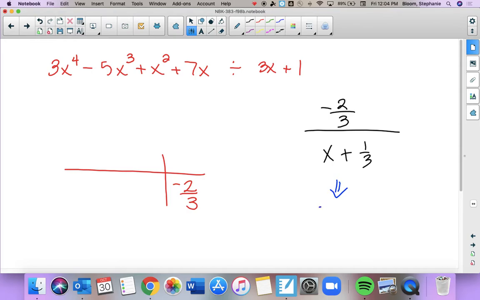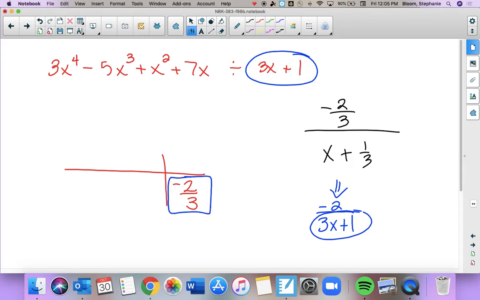What does that 3x plus 1 match? The original one. So really all you ended up doing with your remainder looked like this. You started by dividing by 3.